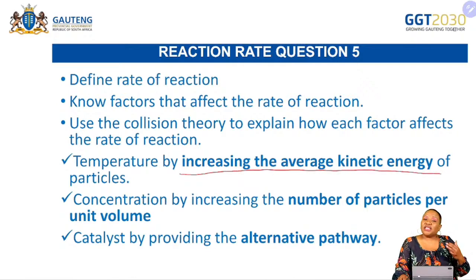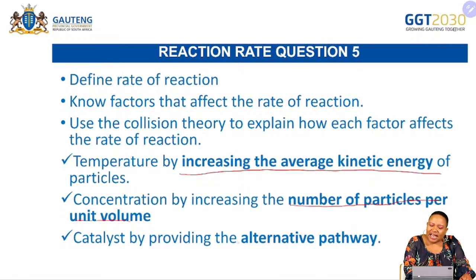So if an examiner asks you how temperature affects the rate of reaction, you will know that you need to talk about temperature increasing the average kinetic energy of particles. Whereas concentration increases the number of particles per unit volume.